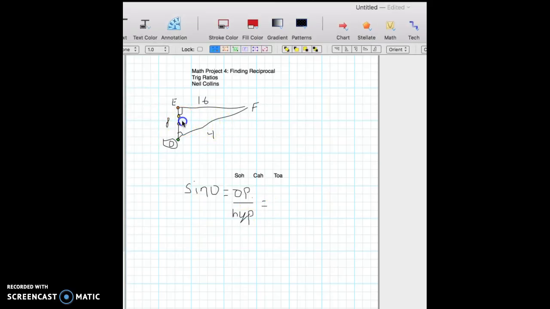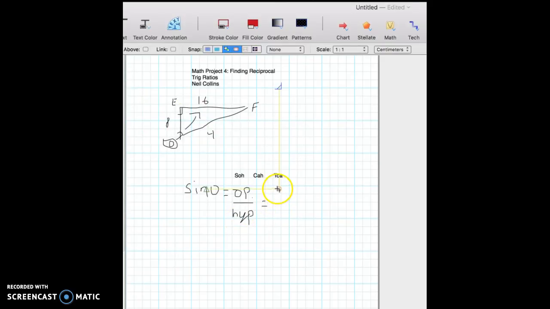So in this case, D right here. What is opposite from D? The side opposite from D is 16. So we're going to go all the way across. See the 16 across the way? That's going to be our opposite.